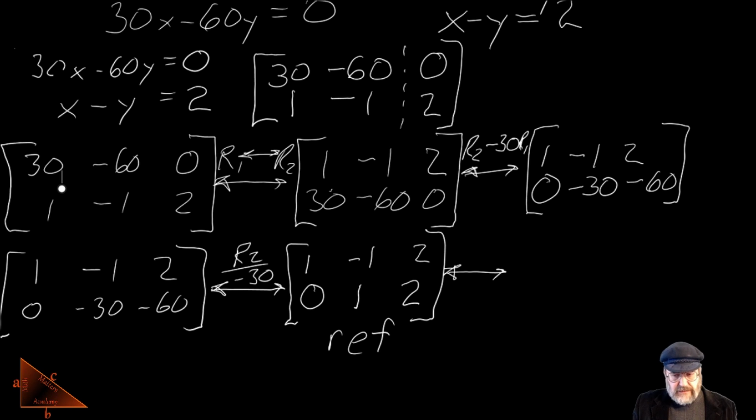How do we get something to be a 0? Either add or subtract. Well, what if I took row 1 now and just simply added row 2 to it, and that would make it 1 plus negative 1, which would be 0. So we're going to take row 1, add row 2, and replace it in row 1. So here we go. Row 2 now is done. We're modifying row 1 just a little bit.